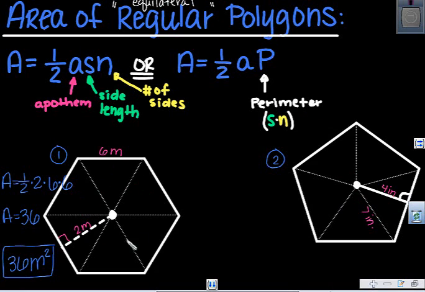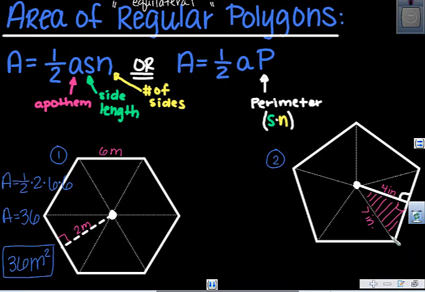You can see the hexagon was split into 6 triangles, and those are equilateral. So here I'm going to have to use my apothem and this given length of 7 in this right triangle right here to find this length. And then of course I told you that this apothem comes halfway. It bisects the side.